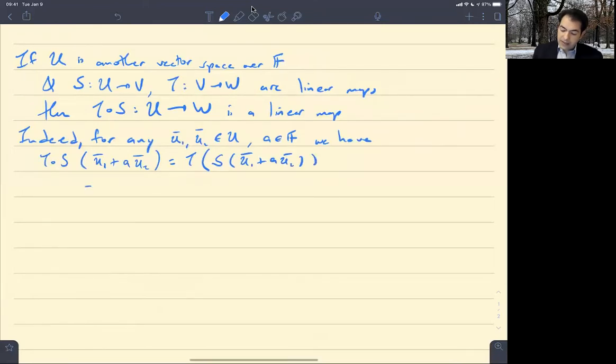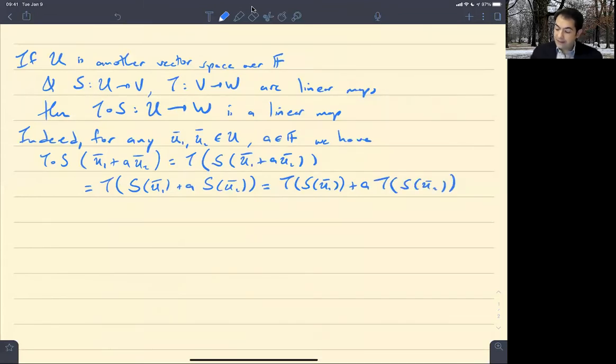And I know that S is linear, so that means that I can write this as T of S of u1 plus a times S of u2. And then I know that T is linear, so I can write this as T of S of u1 plus a times T of S of u2. And that's exactly what we wanted. Okay.